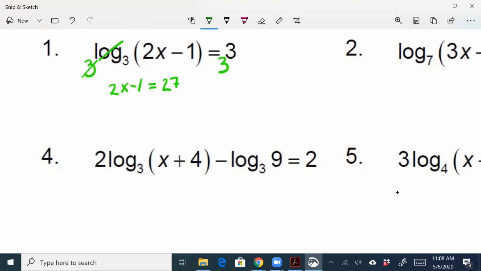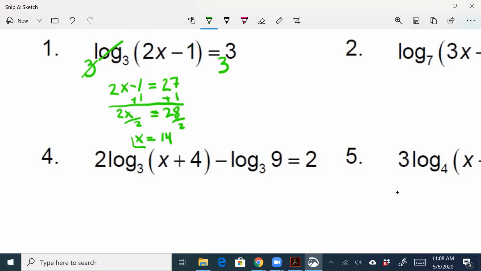And then we just solve this like a regular equation. 2x minus 1, I'd add 1 to both sides. And we'll get 2x is equal to 28. And then dividing by 2, x is equal to 14.